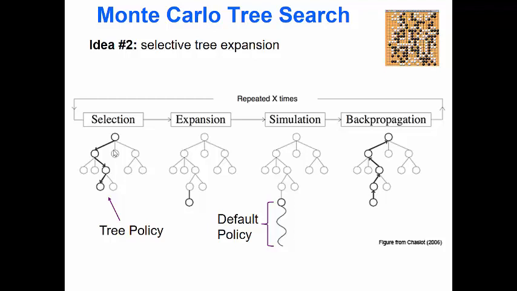It just expands everything. So when you're running Monte Carlo tree search, at any point you have a current tree that you've explored. And you start off with just a single node, the state that you're at.